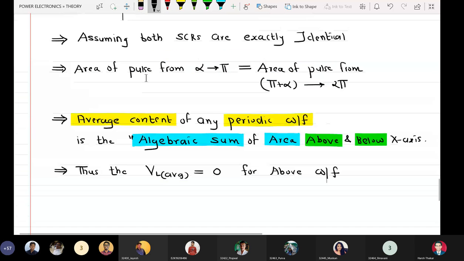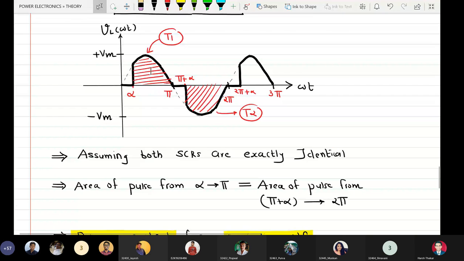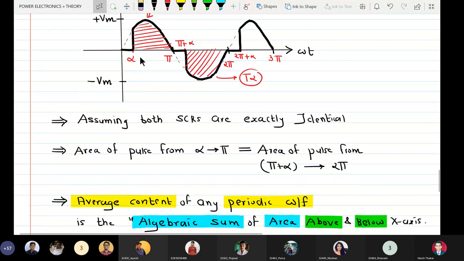RMS content will be little less than 230 volts. Why so? Because see, if suppose I add this much portion to the waveform, so now here this portion is not there at all. Similarly, this portion is also not there at all. Similarly, this portion is also not there at all.